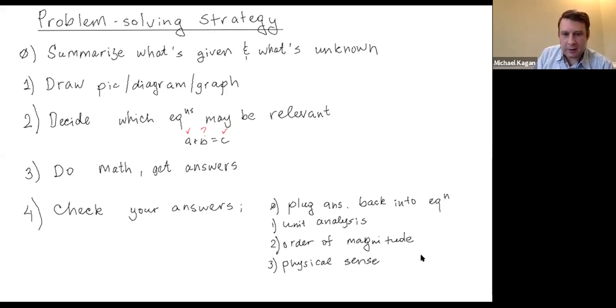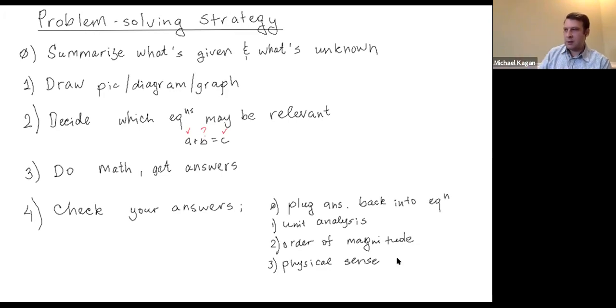What that means is basically you have some expectation as to what the answer should do if you increase or decrease one of the givens, one at a time, right? So if you drop this pen from a certain height and you measure the time it takes to hit the table, that time should increase if you increase the height, right? That's obvious. But when you got your answer, you express the time in terms of the height as a variable, and you can tell if mathematically that's consistent with your intuition.